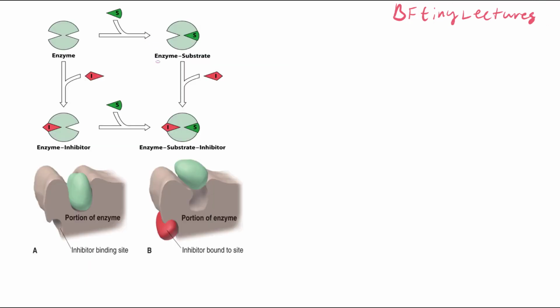Now this is actually a non-competitive inhibitor. So these are non-competitive inhibitors. Essentially you have an enzyme that has 2 kind of binding sites.